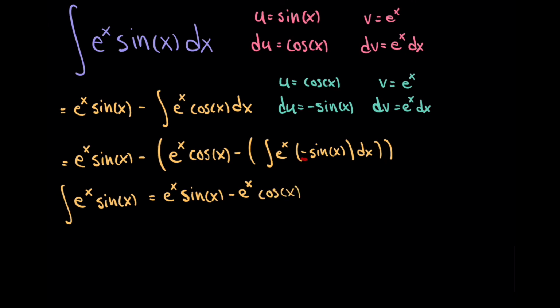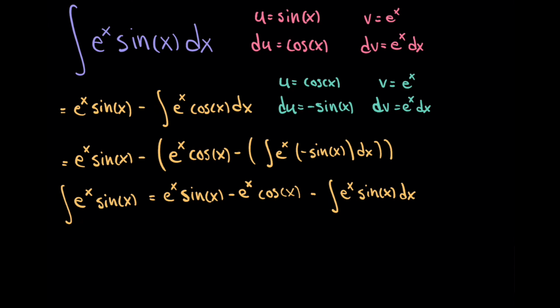And notice we have three negative signs for the integral, meaning that it will be negative, minus the integral of e to the x sine x. And it turns out that we ended up with the same integral we started with.